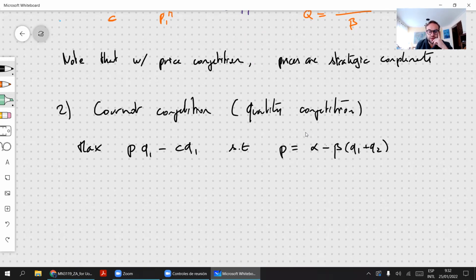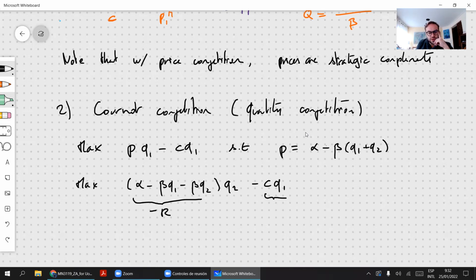I'm going to disaggregate this so I can substitute it in my objective function, which gives me price times quantity. Let me write it like alpha minus beta Q1 minus beta Q2 multiplied by Q1, minus C Q1. So this is revenue. This is total revenue.